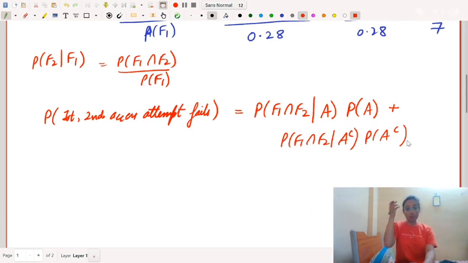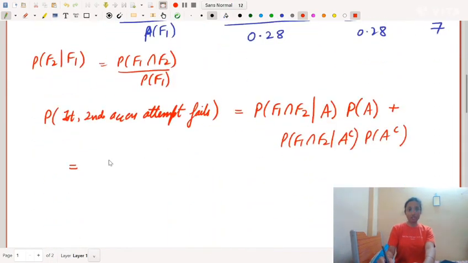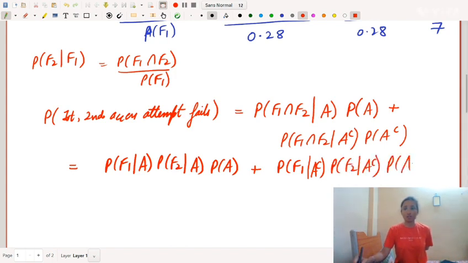Alright, so now the probability that both attempts have failed given the server is working would be, since they are independent as given in the question, independent of the other access attempts, probability that the first access attempt fails given server is working, times probability that the second access attempt fails given server is working, into probability of A, plus, in this case, since the server is not working, probability of F1 and F2 given server is not working, times probability of server not working.